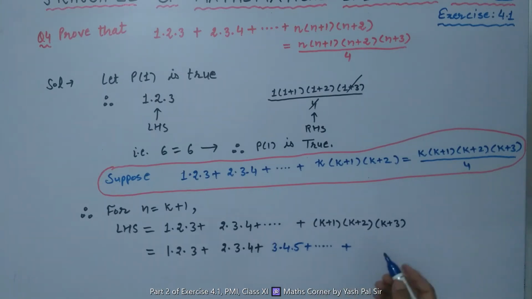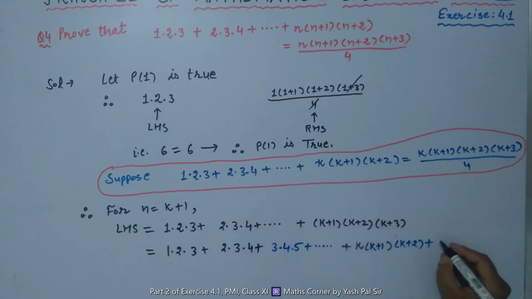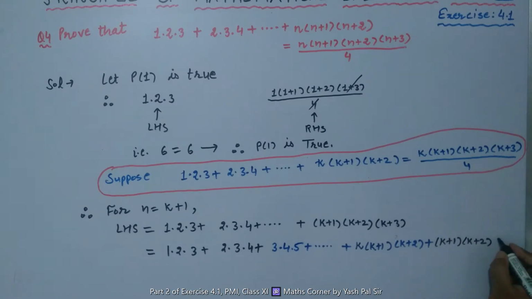Also we can find the previous term before the last term: it starts with k, thereafter k plus 1, then k plus 2. The last term has no change, we write it as it is: (k plus 1)(k plus 2)(k plus 3).